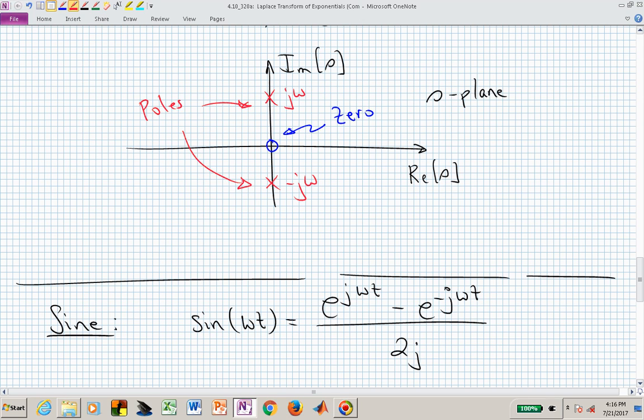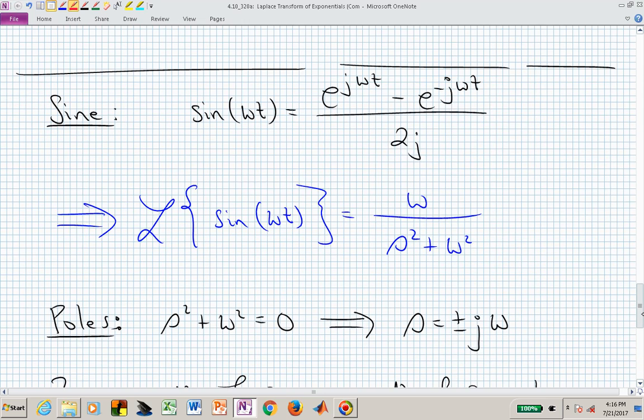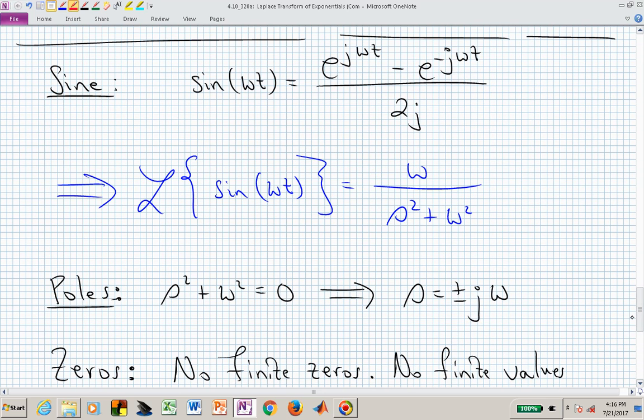We can do the same, trying to find the poles and zeros of the sine waveform. Again, we've already derived that Laplace transform. Let's now just state it. We now have omega over s squared plus omega squared, and I hope it's clear that the poles are exactly where they were for a cosine waveform at the same frequency.